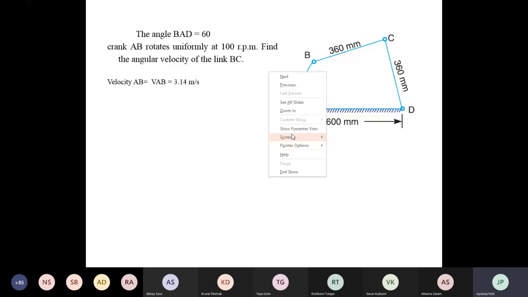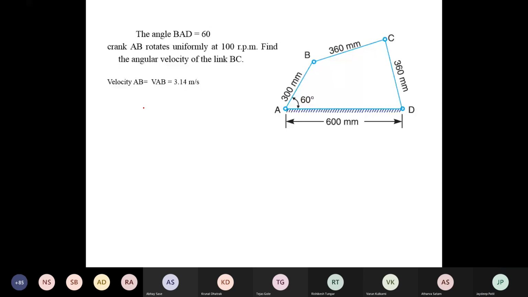You find omega AB by using the formula 2 pi N divided by 60, where N is the speed of the input link AB.